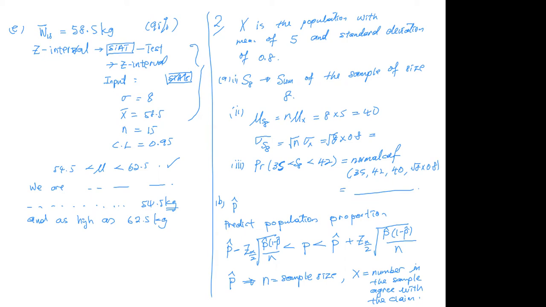So now, if I give you a scenario, in the question you have to read what is N, what is X. For example, I say the sample size is 20 and the number agree with the claim, you read the question, is equal to 18.